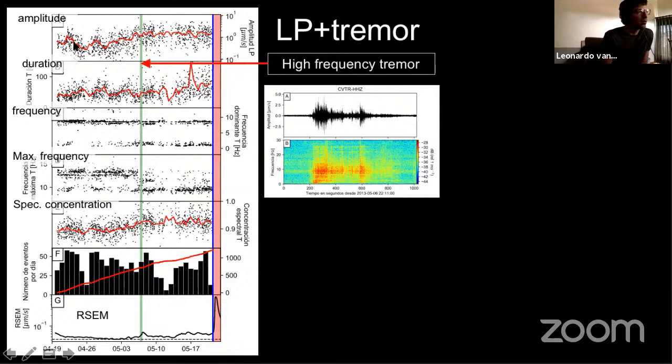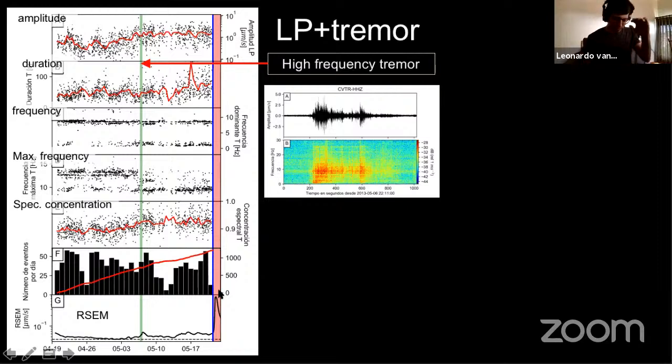So for example, the amplitude of the events goes up, then there are like two main frequencies of the tremor, of the LP plus tremor events, and the maximum frequency goes down and the spectrum becomes narrower.